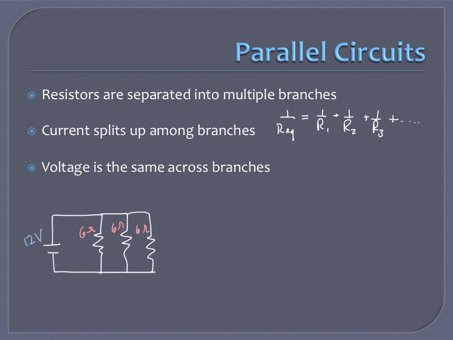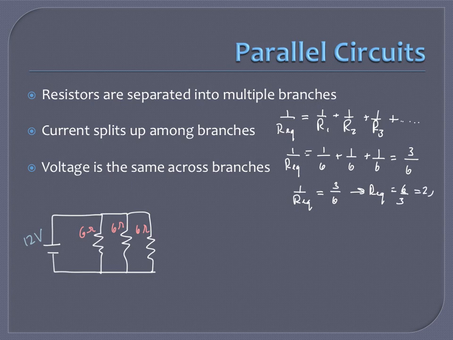Now, in this example, we have 3 6 ohm resistors. So when you do this math, this is simple to deal with. So 1 over REQ is equal to 3 over 6. But then we got to flip it. So REQ, equivalent resistance, is equal to 6 over 3, which is equal to 2 ohms.